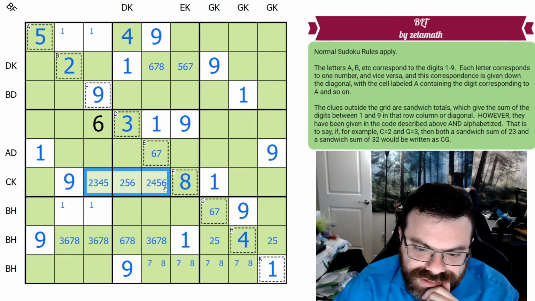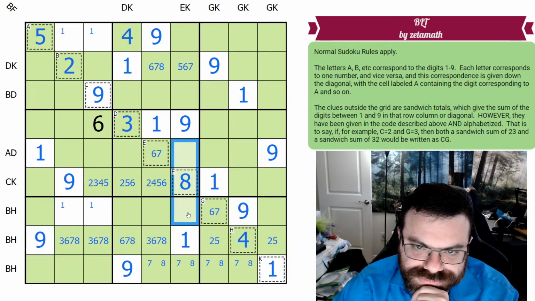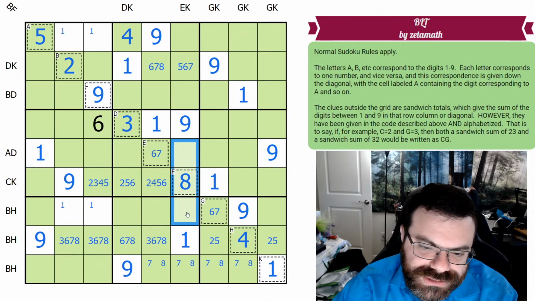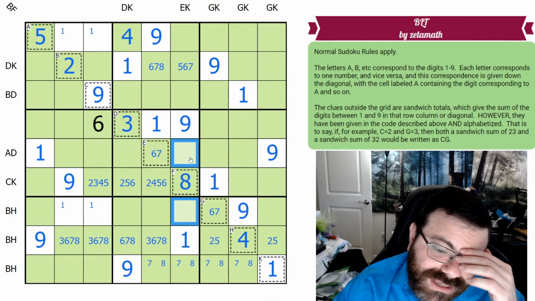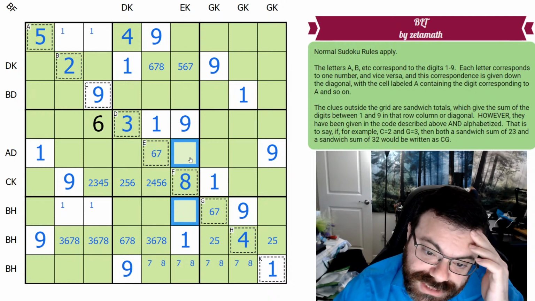Does that affect CK at all? No, we knew what CK was. EK? 16 or 17 now. So these add to 8 or 9. Still not that helpful.